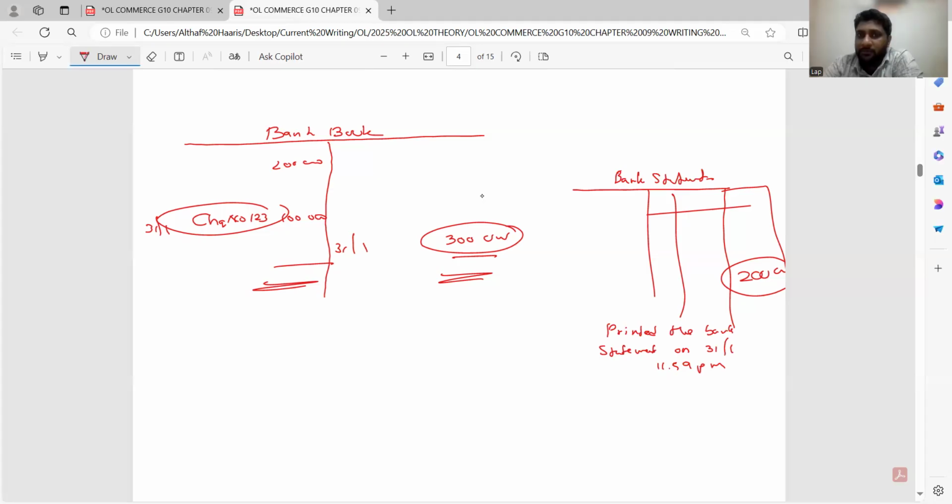Generally, people, these are practical learnings for you. When you deposit a check on 31st, the general process, people, is that it should go to the central bank, and from the central bank it should get cleared. Then from the other bank, the money will come to your bank. There is a big process, people.